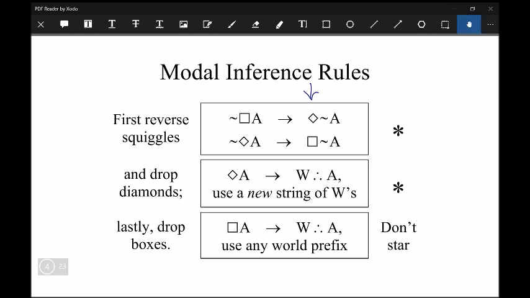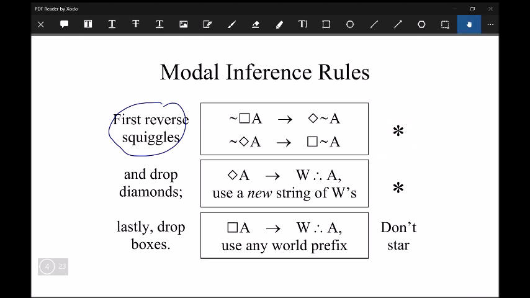So you want to use these whenever you can. Not necessary A, therefore possible not A. Not possible A, therefore necessary not A. And you only use these if the whole formula begins with not necessary or not possible. The rest of it could be longer, but the formula has to begin with not possible or not necessary.